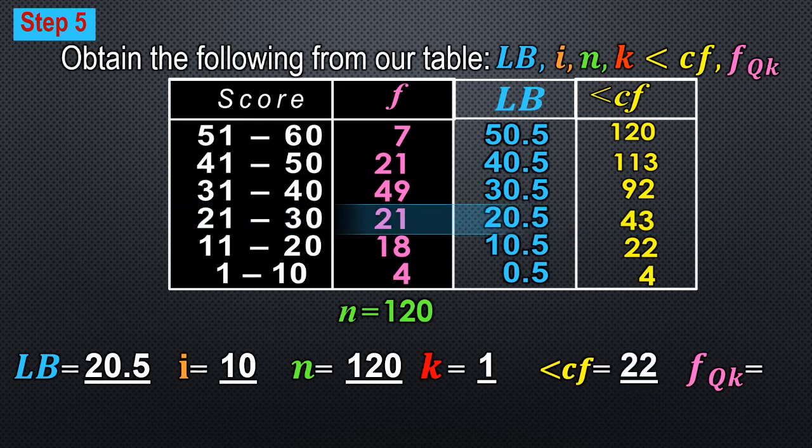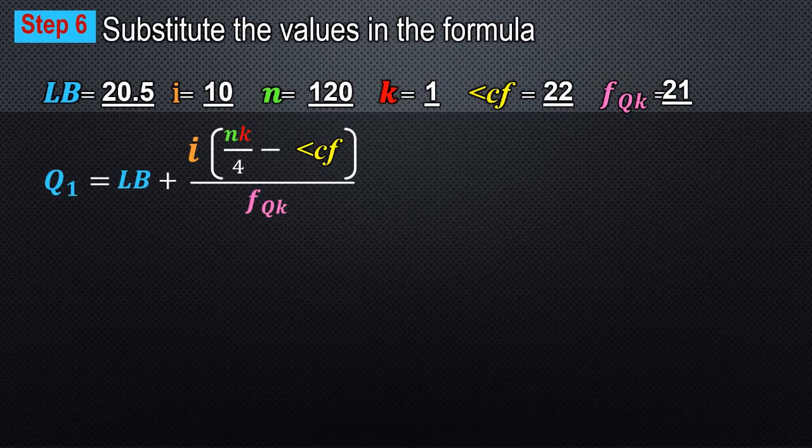Our frequency of the quartile class is equal to 21. Lower boundary equals 20.5, interval 10, number of observations 120, K is equal to 1, less than CF is equal to 22, and frequency of the quartile class is equal to 21.